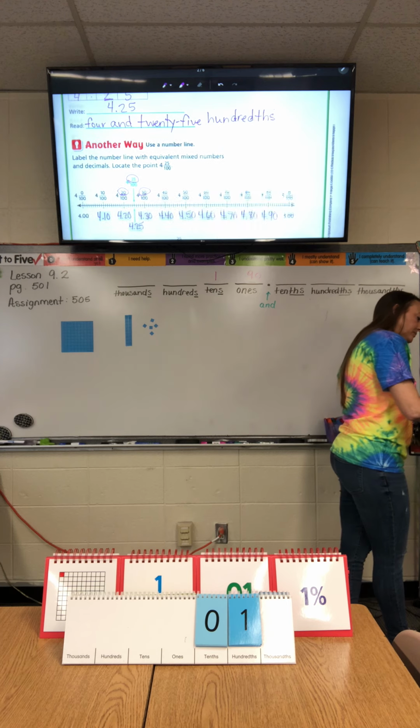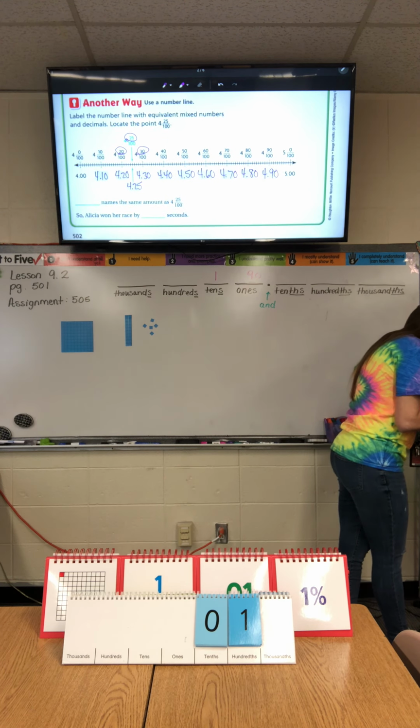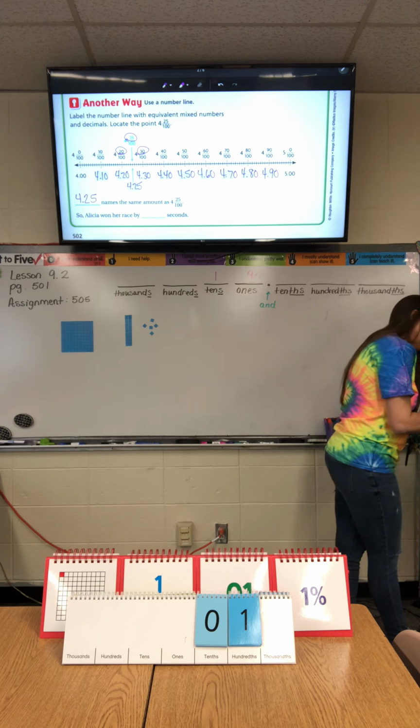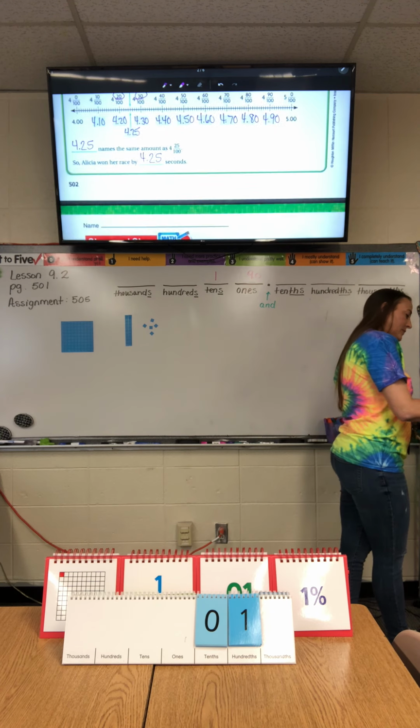Okay, so 4.25 names the same amount as 4 and 25 hundredths. So Alicia won her race by 4 and 25 hundredths seconds.